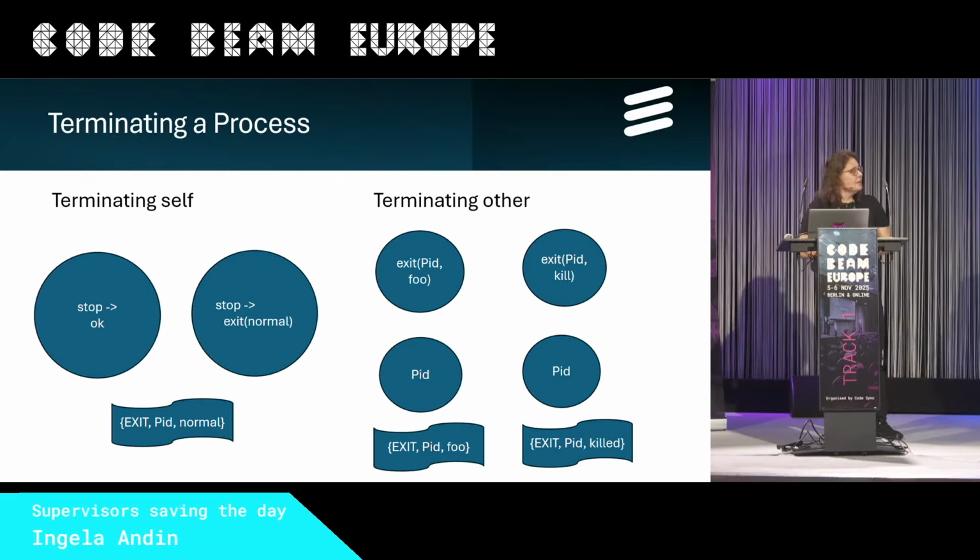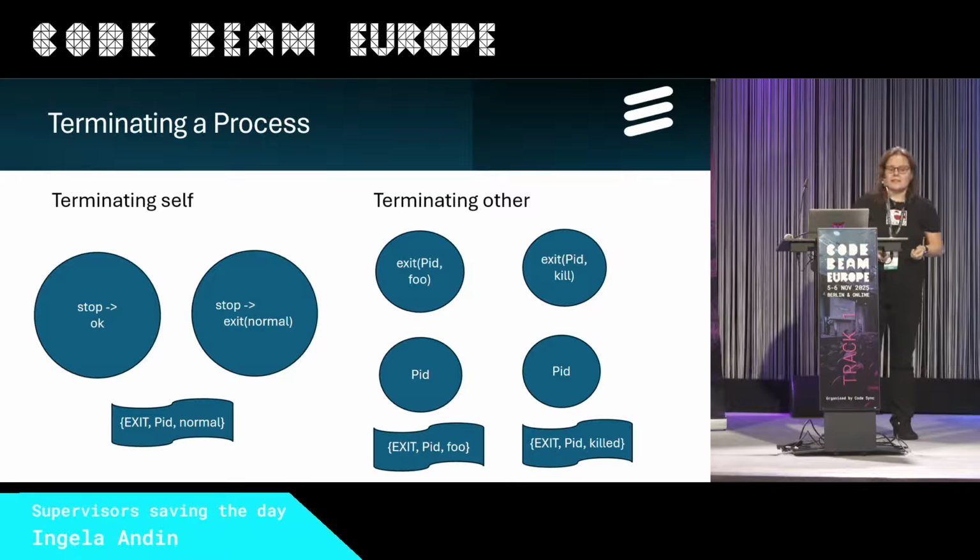So if you kill an Erlang process, it will be unconditionally terminated, and there's nothing you can do about it. And if a process is killed that way and it's linked, its exit message will have a special reason called killed.